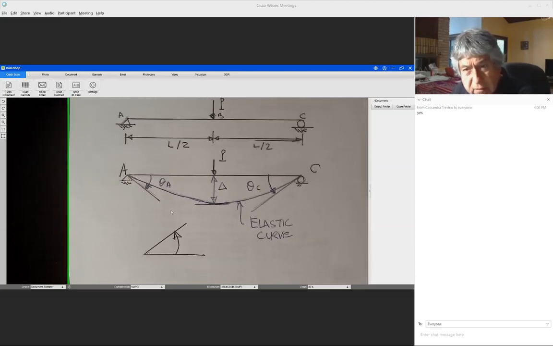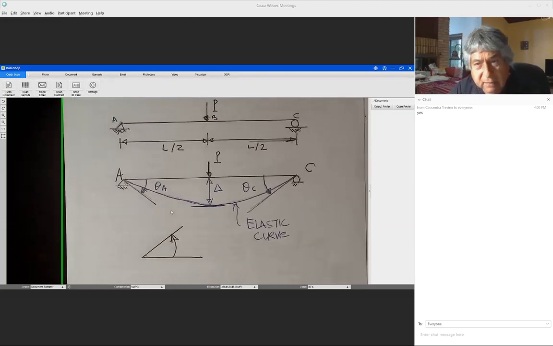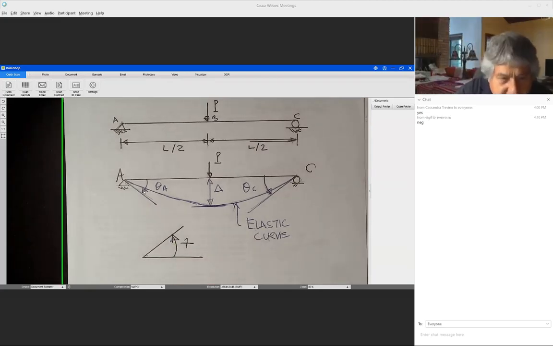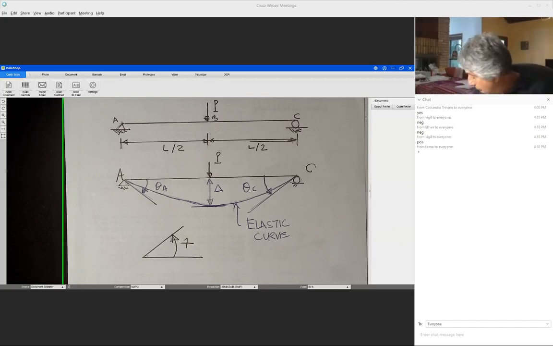I want you to write down: this rotation going from the horizontal to the tangent, is it positive or negative? This is considered positive. So what is this? Negative. And this one, from the horizontal to the tangent, counterclockwise, positive. That's the sign convention that I'm going to use in a little while.